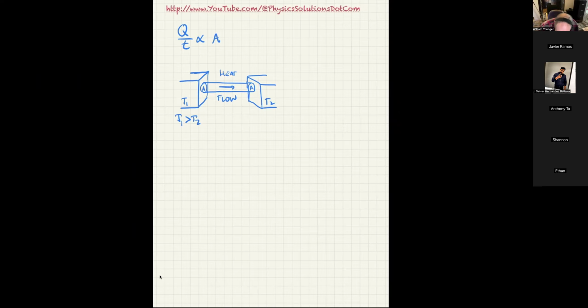I would say it's also directly proportional to the change in temperature from one side to the other, and also inversely proportional to the length of the rod that it's going through. You might recognize this end part right here is really a temperature gradient.